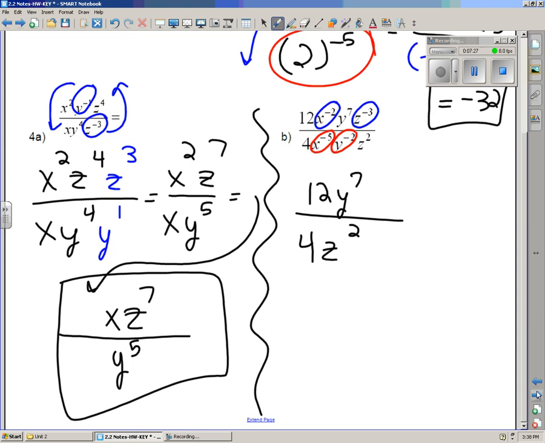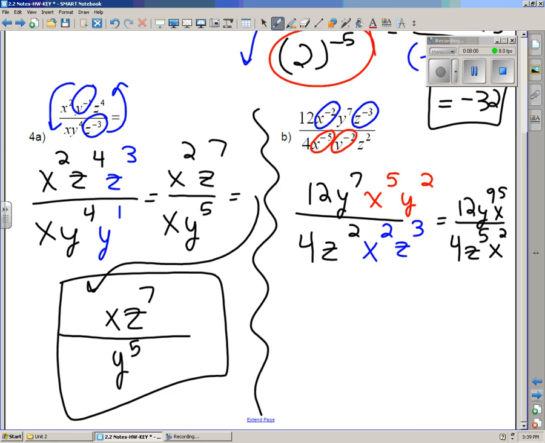What goes up top: x to the -5 flips up there and loses the negative exponent, y to the -2 goes up top, out the negative exponent. X to the -2 from the top flips to the bottom, you lose your negative exponent. And z to the -3 up top moves down. If you tighten this up, on the top you're going to get 12 y^9 x^5. On the bottom, you're going to get 4 z^5 x^2.